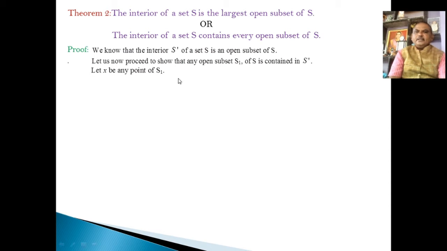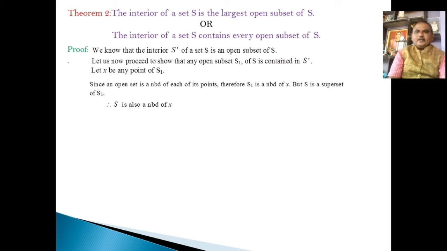Let X be any point of S1. Since an open set is a neighborhood of each of its points by definition, S1 is a neighborhood of X, but S is a superset of S1, so S is also a neighborhood of X.